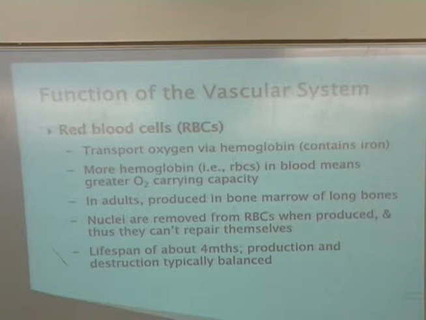Red blood cells are odd in that they don't have a nucleus, which gets taken away as they're formed, and so they're not able to repair themselves. So they have a finite lifespan. They last about 12 to 16 weeks, and then they break down and get reabsorbed, and that iron gets used to make some more red blood cells.